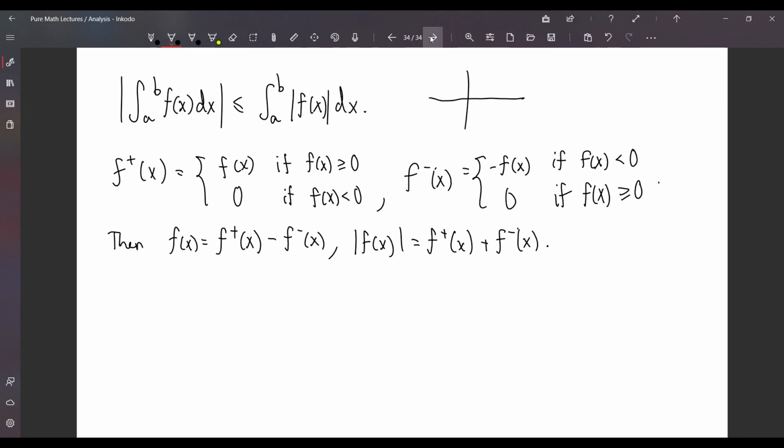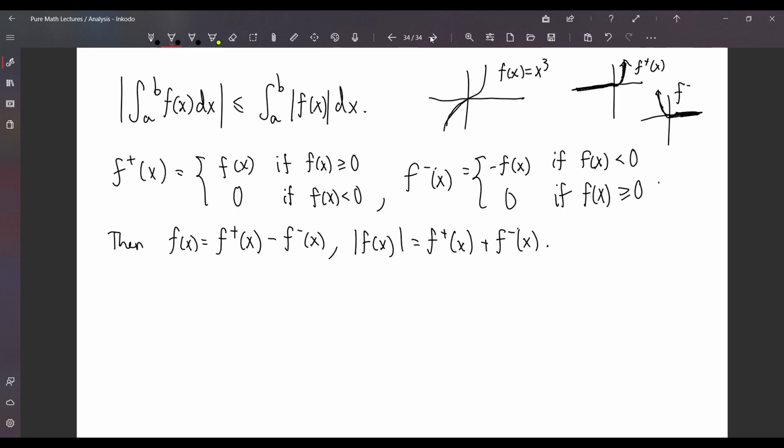So the idea of f plus and f minus: if we take, for example, f of x equals x cubed, then f plus is going to be this portion of x cubed, and it's going to be 0 over here. Similarly, f minus is going to be this portion of the curve, but flipped to be positive, and it's going to be 0 over here.